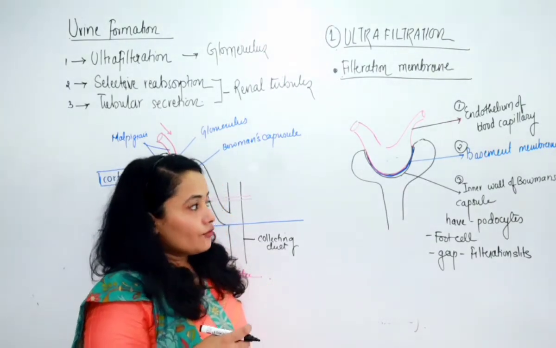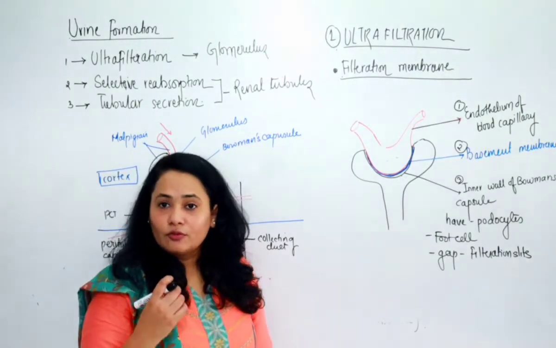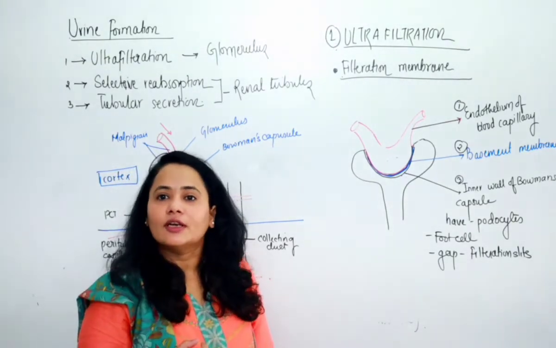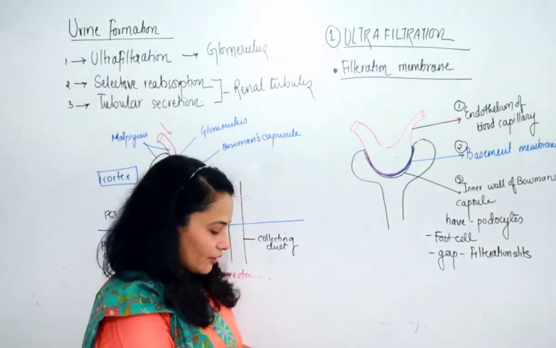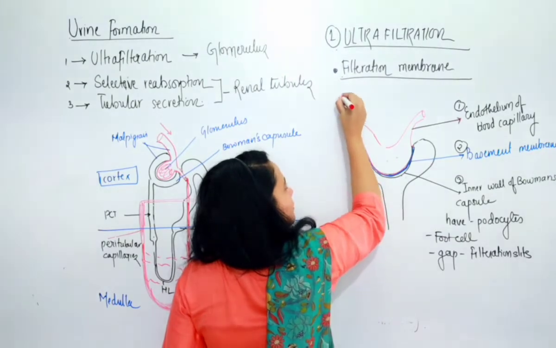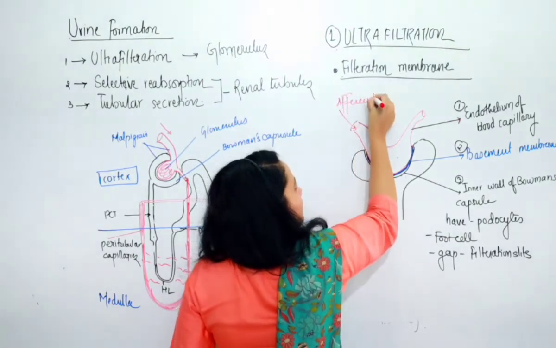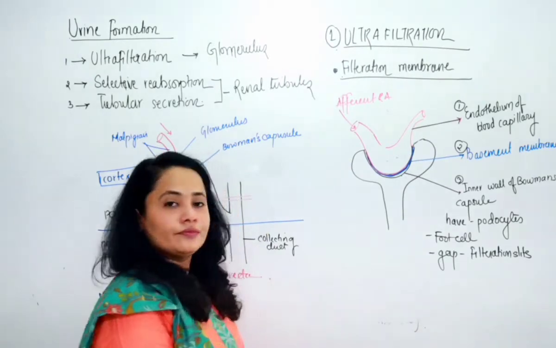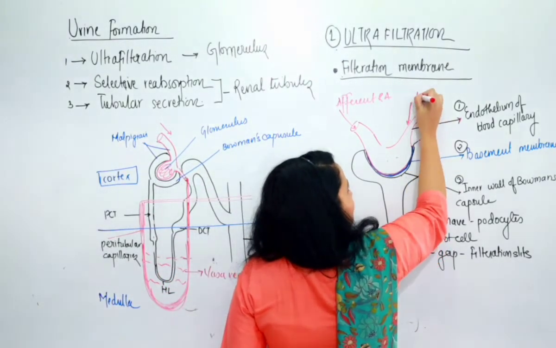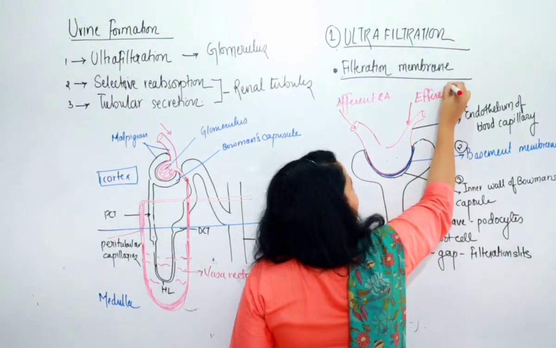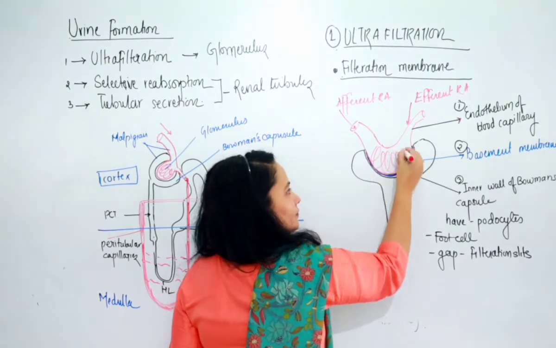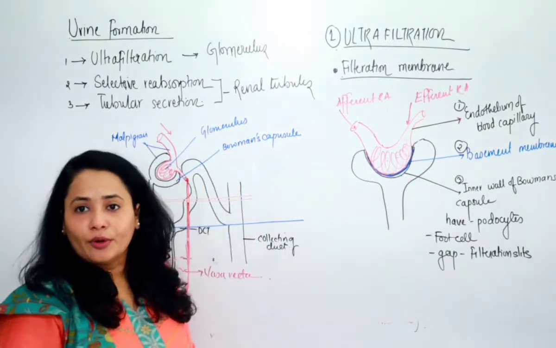Now, we still have one more question, that why there is a difference of diameter between the afferent and the efferent renal arteriole. So, as we have seen that this is an afferent renal arteriole, whereas the another one you can see on this side is known as efferent renal arteriole, and this whole structure is known as the glomerulus.